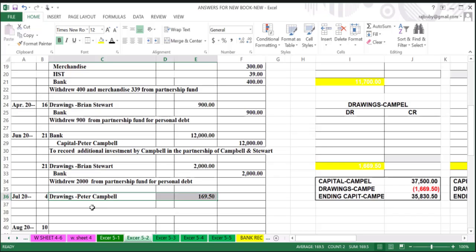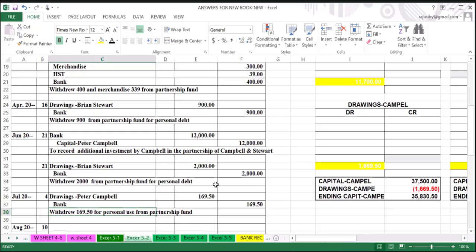No, drawings, the total, because that is his expense, not the business expense. We have to put it together as drawings, and the bank is going to be credit. This is his home utility. We shouldn't create a tax account. The tax does not belong to the business. This tax is personal tax.